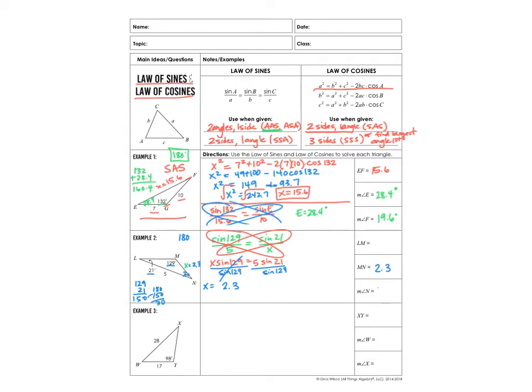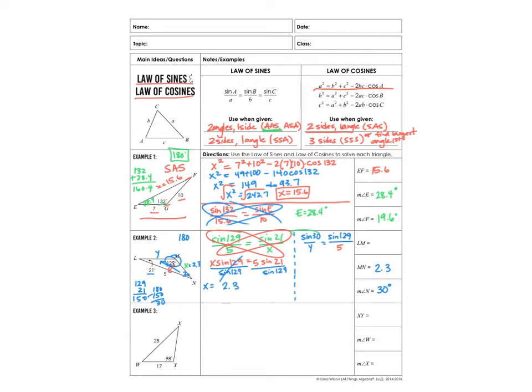So the measure of angle N is 30 degrees. Now we can set up the law of sines again to find this side. Let's make that y. So we have the sine of 30 over y, because that's its corresponding side, equals the sine of 129 over its corresponding side, which is 5.